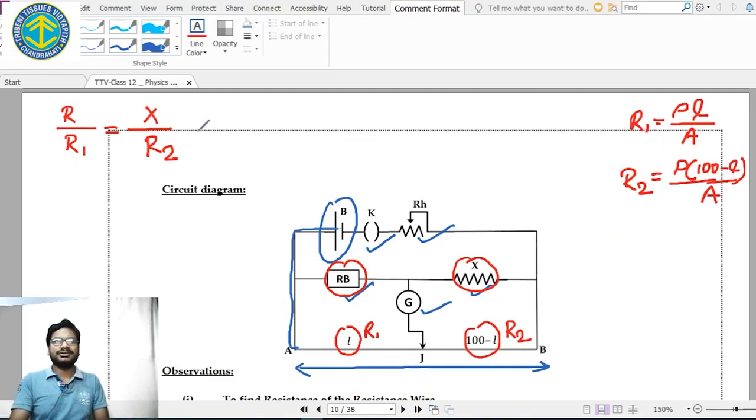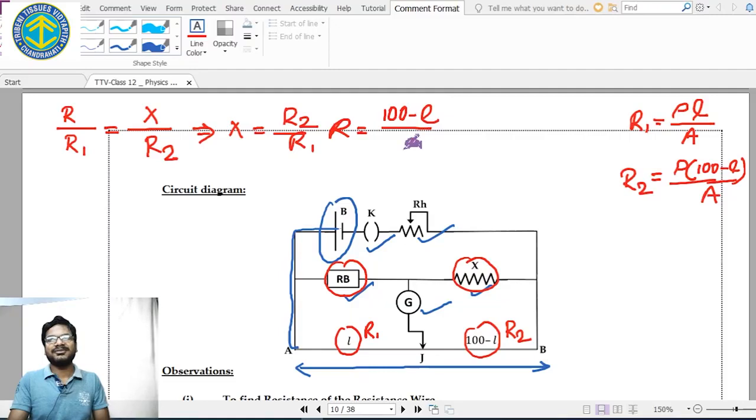We can write X equal to R2 by R1 into R. Now what is R2 by R1? R2 by R1 will become 100 minus L by L, into R.